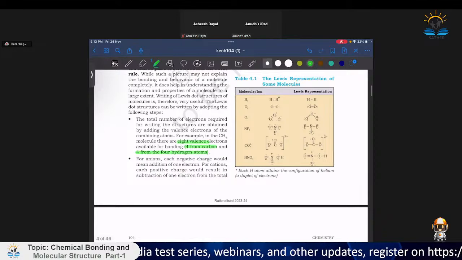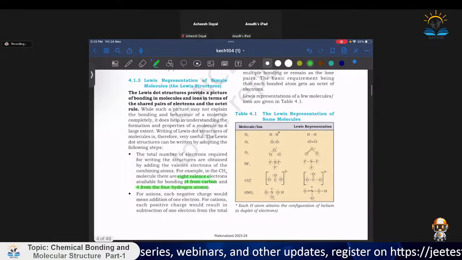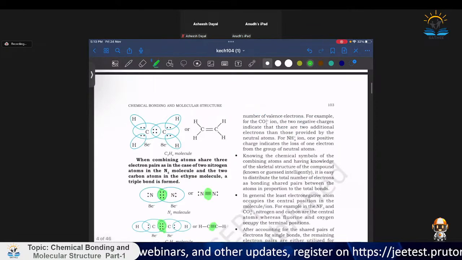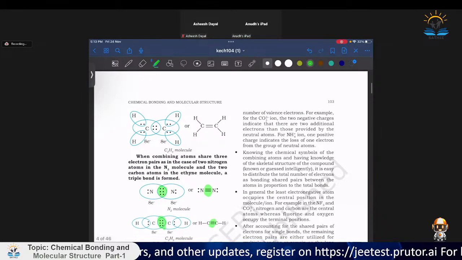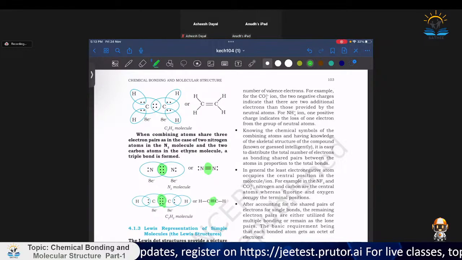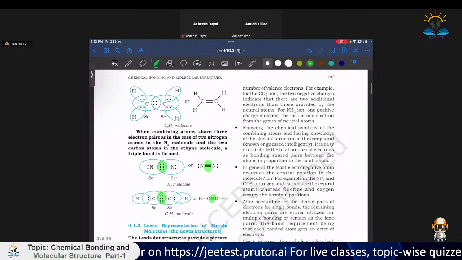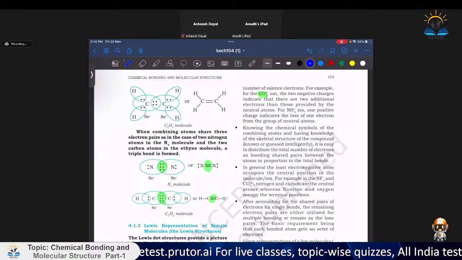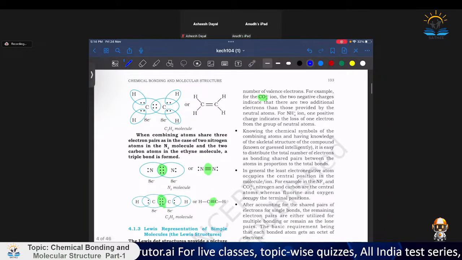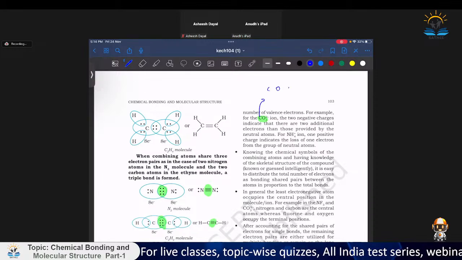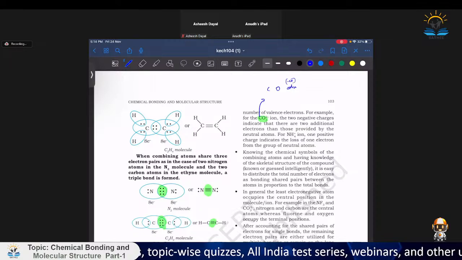For example, in the carbonate ion, the 2 negative charges indicate that there are 2 additional electrons than those provided by neutral atoms. Let me figure out the number of valence electrons in carbonate. Carbon is there, oxygen is there, and some extra electrons which give the negative charge are also there. Carbon gives 4 valence electrons.